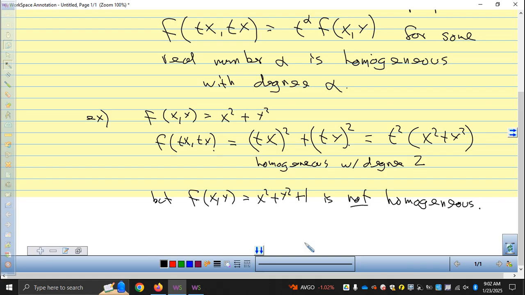So we're going to be interested in differential equations that look in the form that we just talked about with our exact equations, where our component functions are both homogeneous.